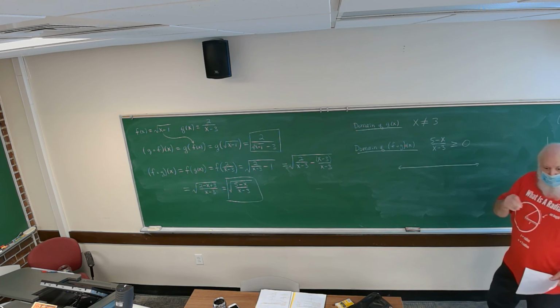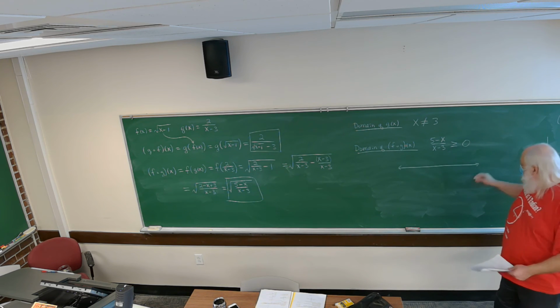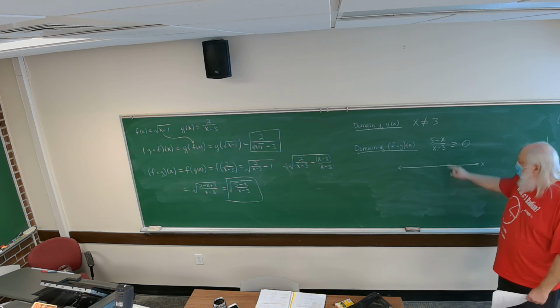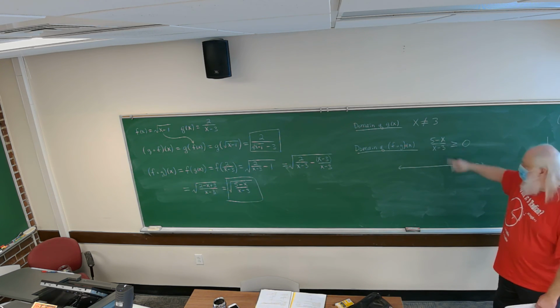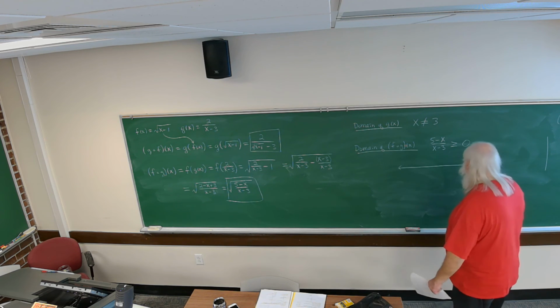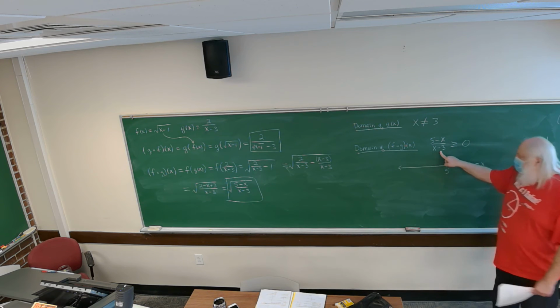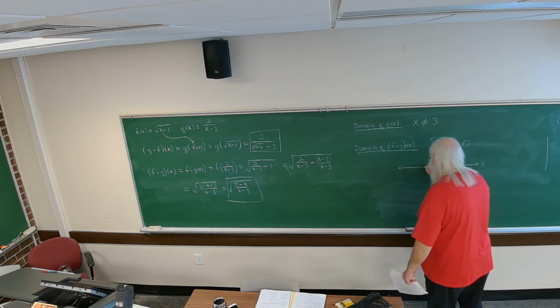Remember when we had the test points for each of the different intervals? So the first thing you got to do is split up the real number line into intervals, right? You set the numerator equal to 0 and solve for x, and you get 5. You set the denominator equal to 0, solve for x, and you get 3.